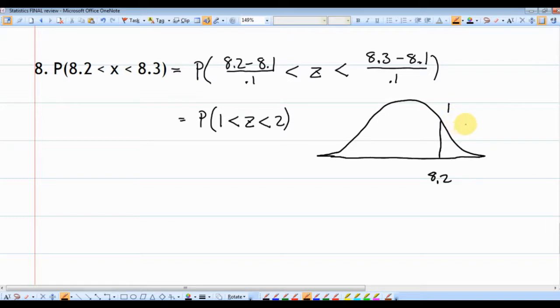Do you remember the area to the right of that? 16%, approximately. So this area is 0.16, right?